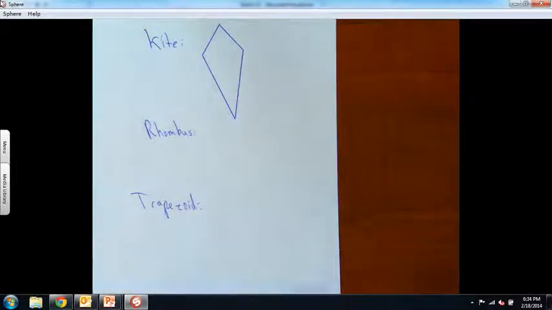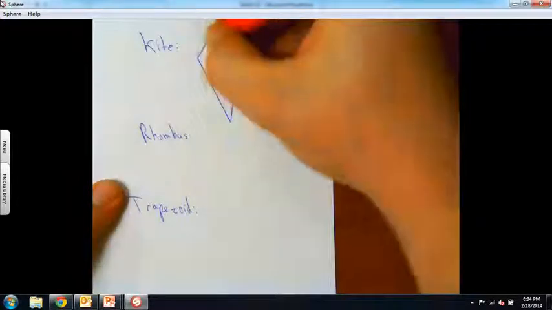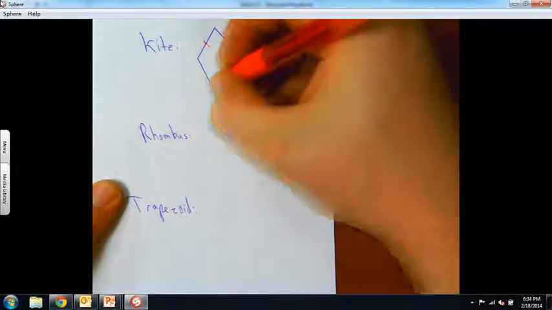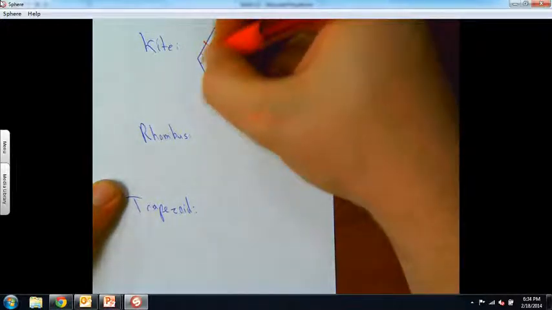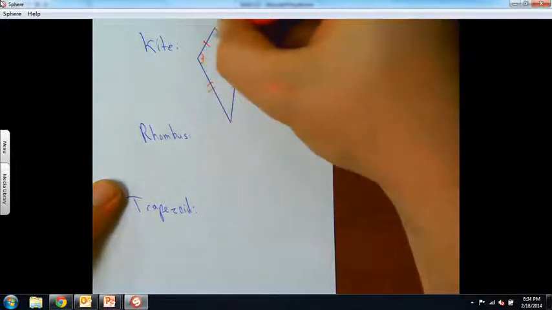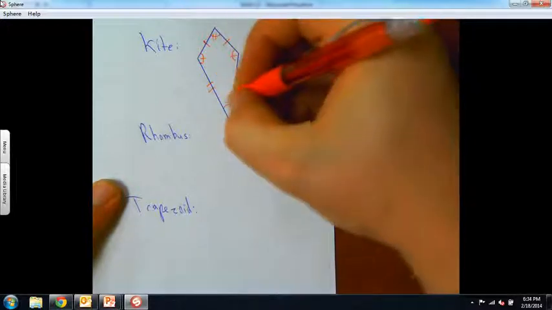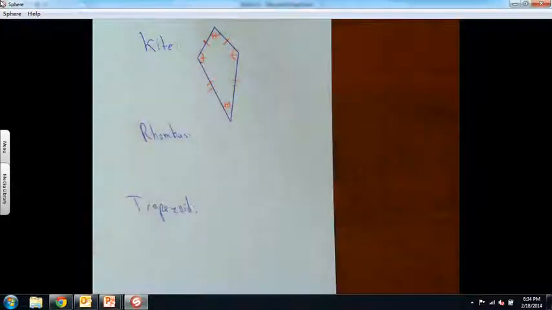So there's our kite. Now with a kite, we have 1, 2 sets of equal sides. We also have a pair of equal angles, and then 2 angles that are not equal to anything else. Also, in this case, nothing is parallel.